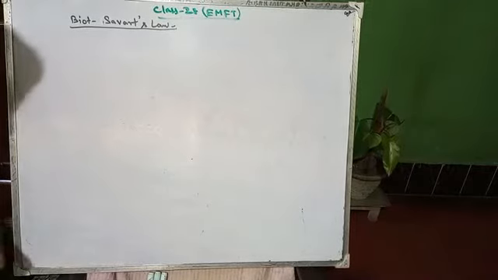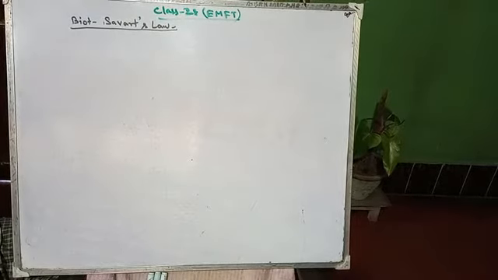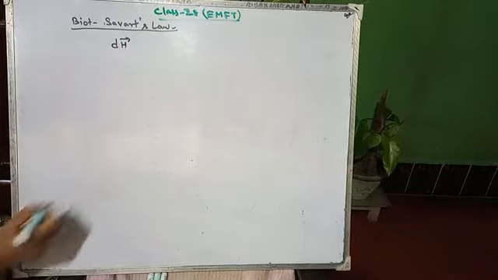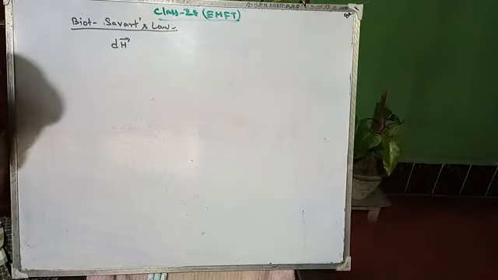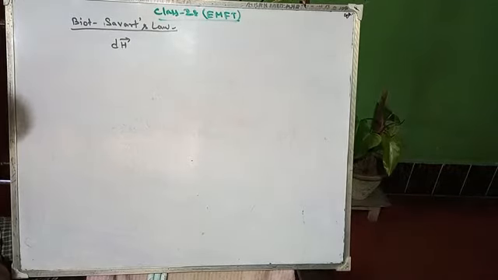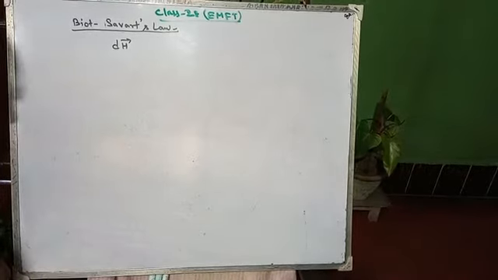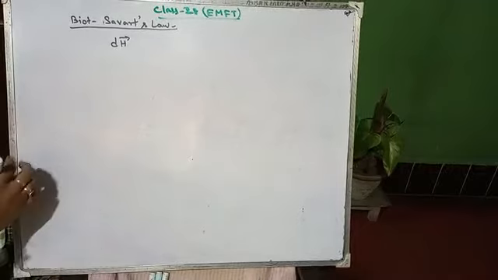The Biot-Savart law states that the magnetic field intensity dH vector produced at a point P due to a differential current element I dl.